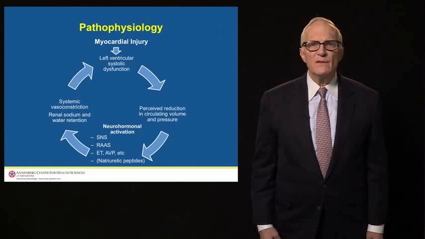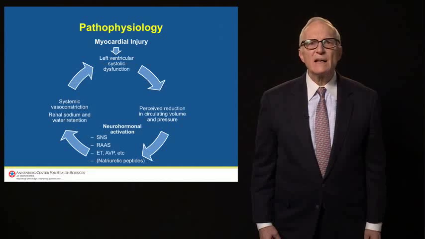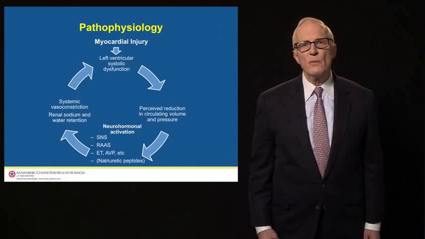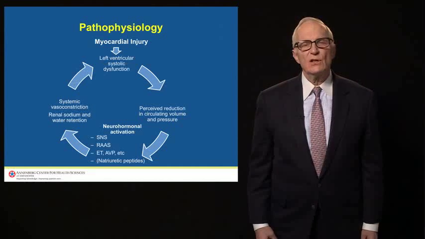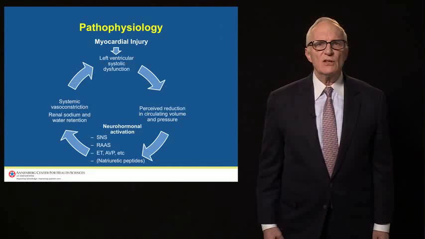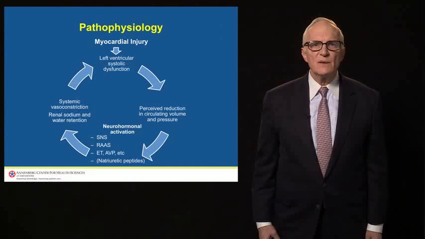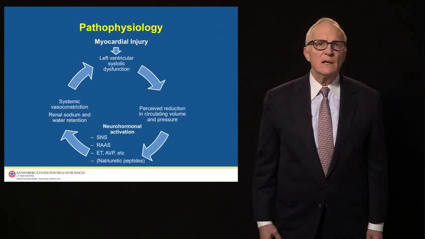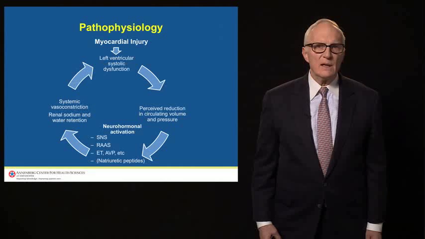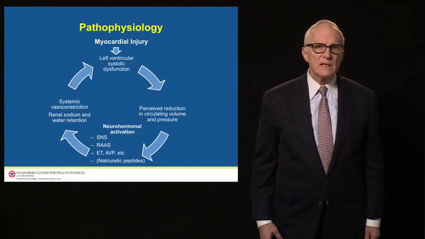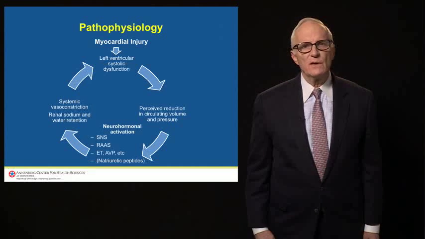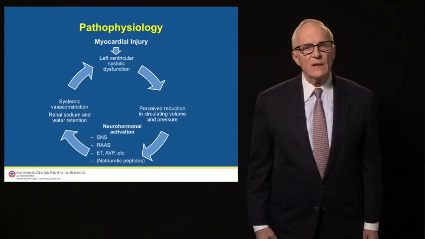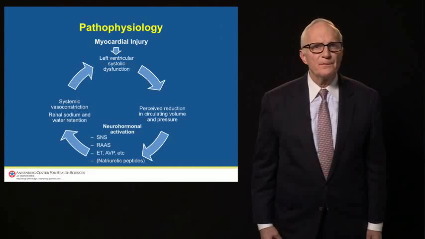The result of this misperception is activation of a variety of hormonal systems. The sympathetic nervous system, the renin-angiotensin-aldosterone system, endothelin, arginine vasopressin, etc., and eventually leads, if there is volume overload, to natriuretic peptide release by the heart.